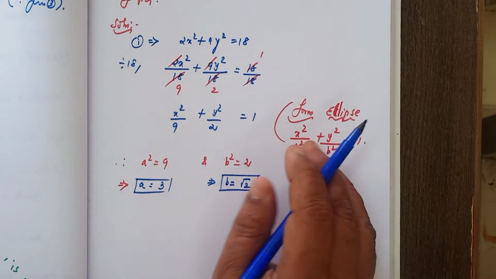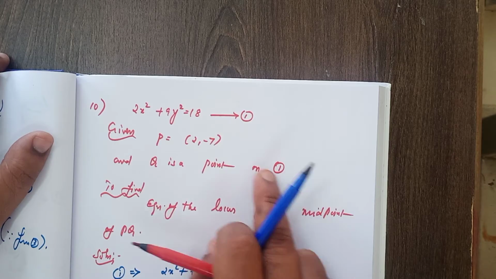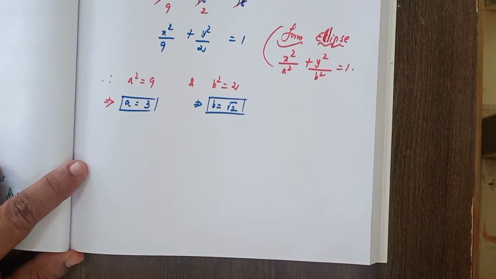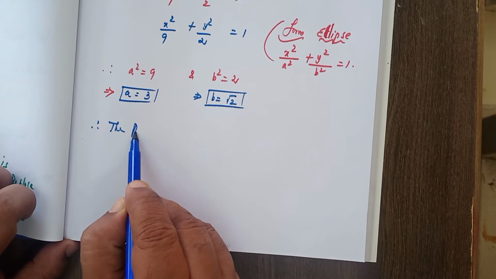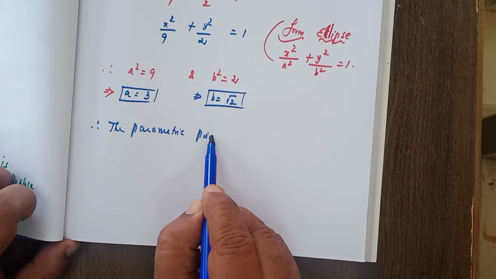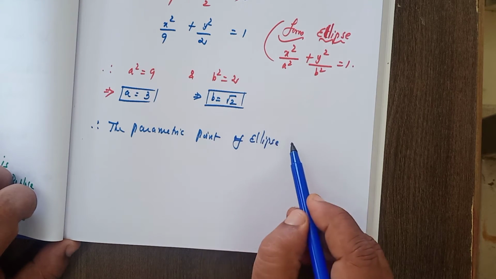Here you are given Q is a point on equation 1. So the general point on the ellipse is the parametric point. The parametric point of the ellipse, that's the given equation.